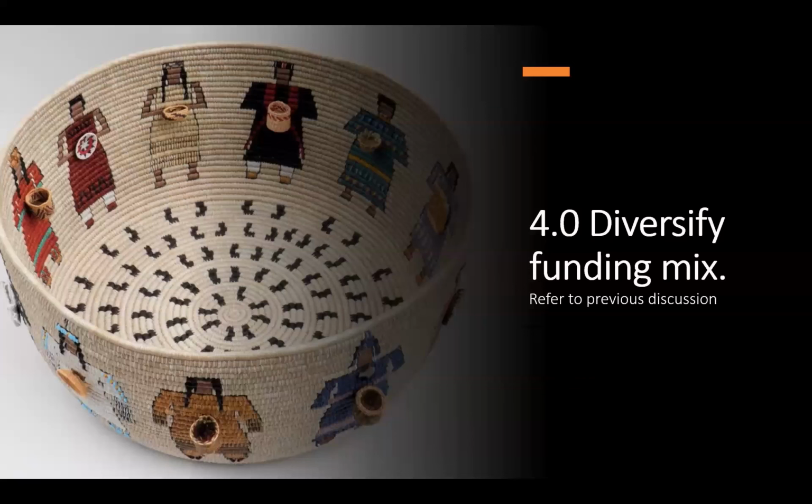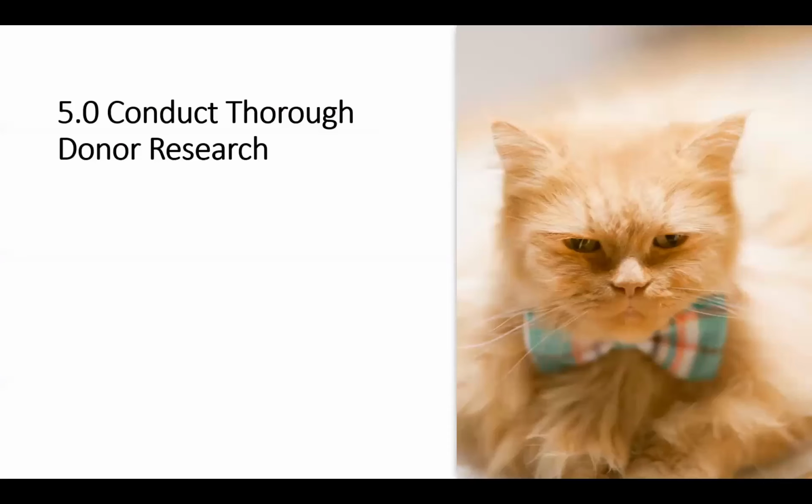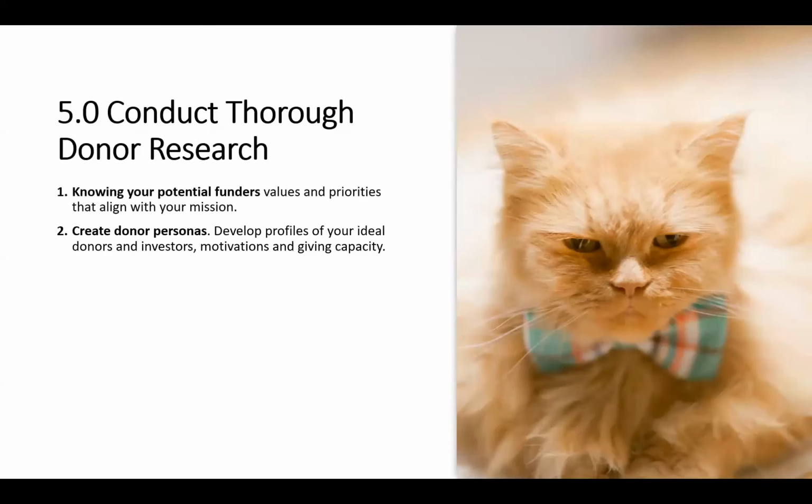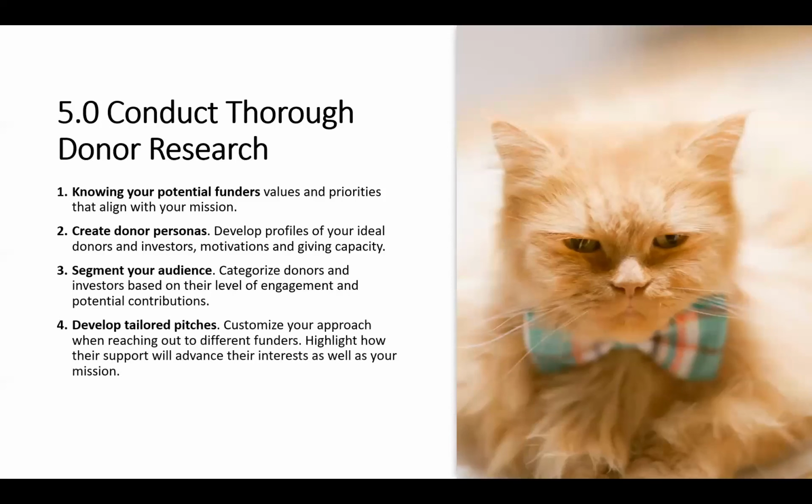As I mentioned to you, and gave a lot of examples, you have to diversify your funding mix. In the previous presentation I shared with you almost 15 funding mixes that you can look at. Many people take this for granted, but for every particular donor you're approaching, you need to invest in what we call donor scoping or market research, where you really get to know more about the donor itself.